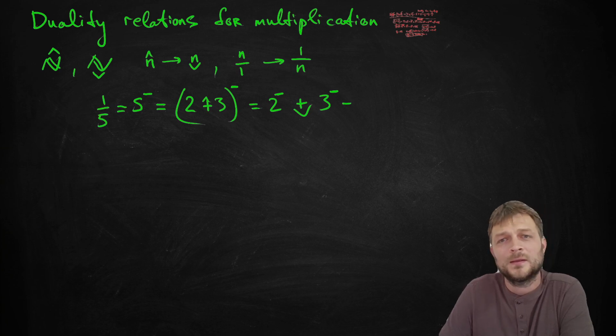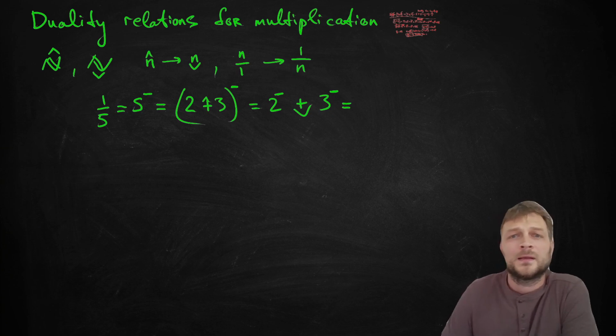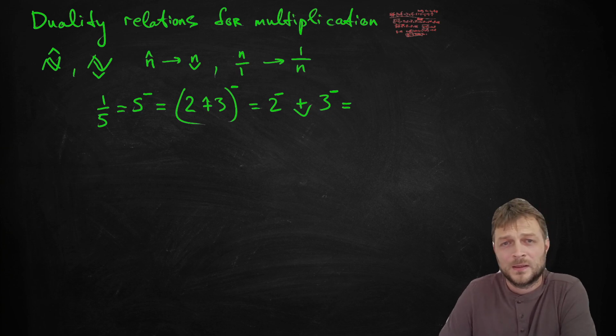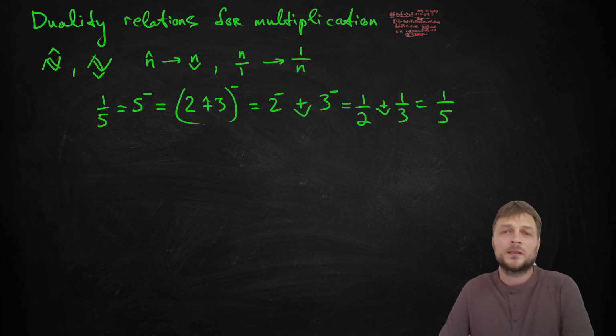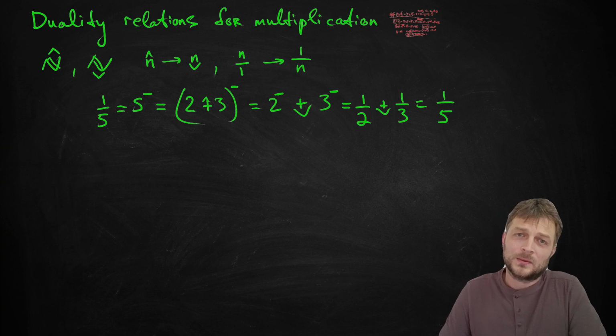And in this case, we take 1/2 plus 1/3 equal 1/5, which is the same. So that's dual mapping for two spaces that are based on addition.